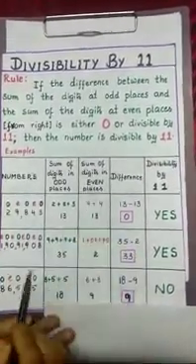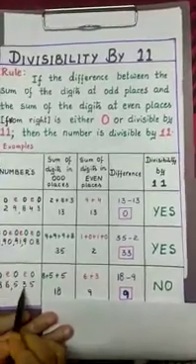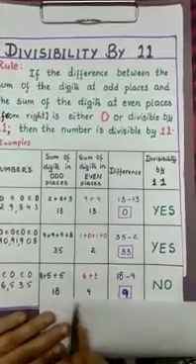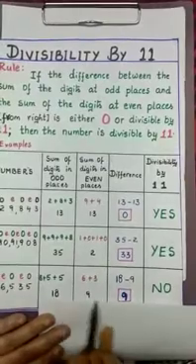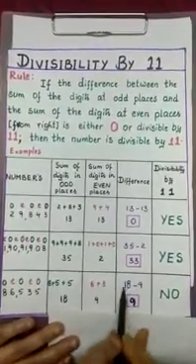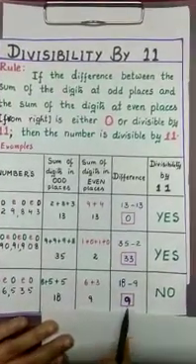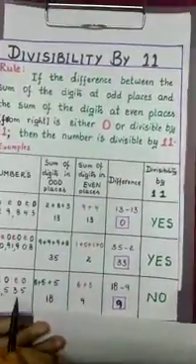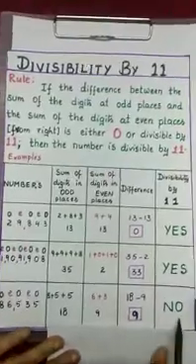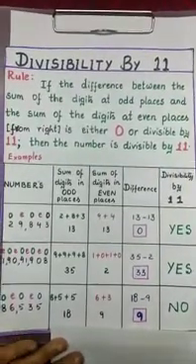Next find the sum of digits in even places: 6 plus 3 is 9. What is the difference between the sums? 18 minus 9 is 9. Tell me, is 9 divisible by 11? 9 is not divisible by 11. So this number is not divisible by 11.